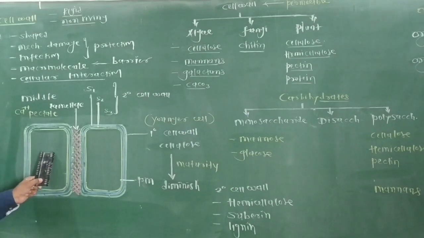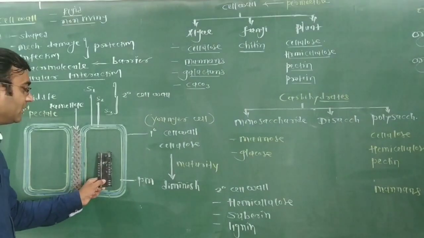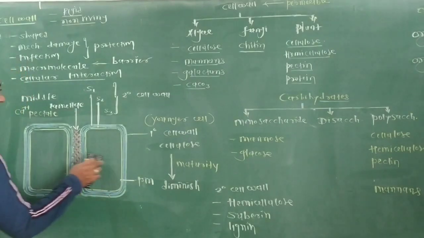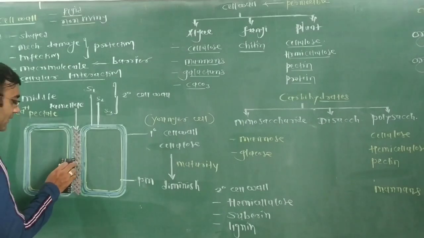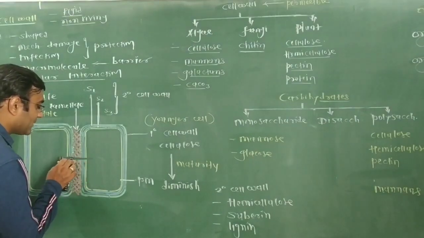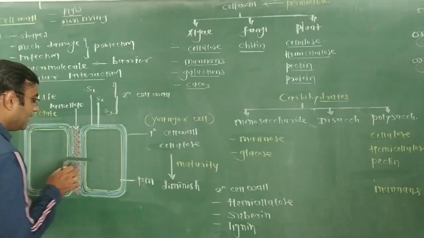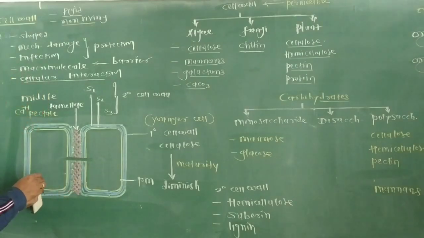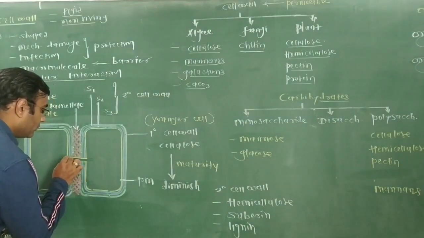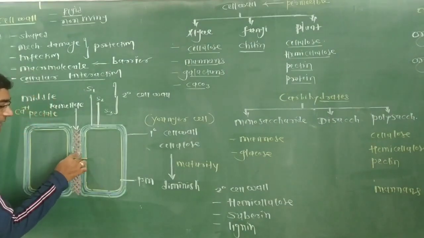Now the cytoplasm of one plant cell has an association with the cytoplasm of the nearest plant cell. It means the cytoplasm of two nearest cells communicates with each other with the help of a cytoplasmic strand. This cytoplasmic strand is called plasmodesmata, which passes through the middle lamella as well as the cell wall.